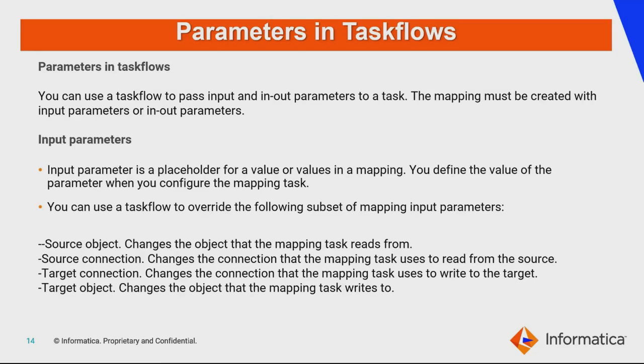An input parameter is a placeholder for a value or values in a mapping. You can define the value of the parameter when you configure the mapping task. You can use Taskflow again to override this subset of mapping input parameters. That is, you can pass source object, source connection, target connection, and target object.